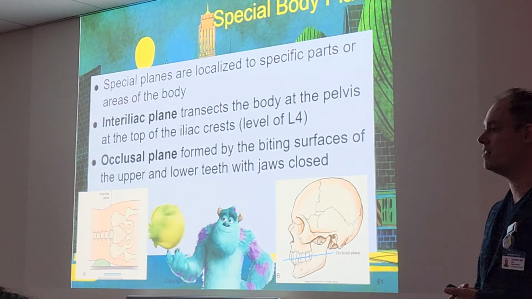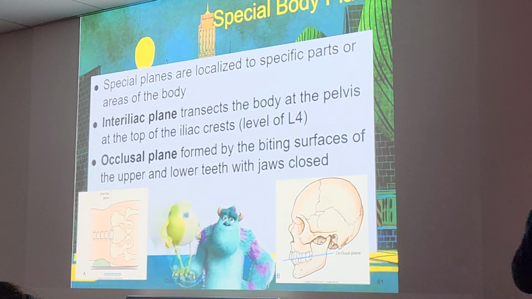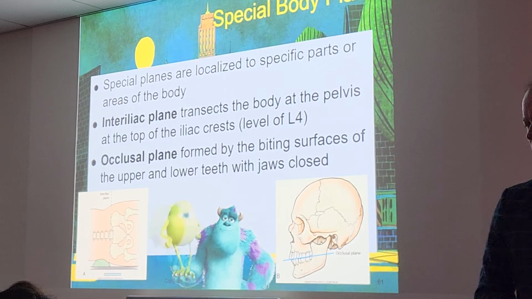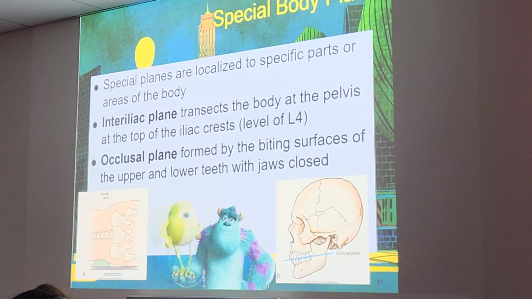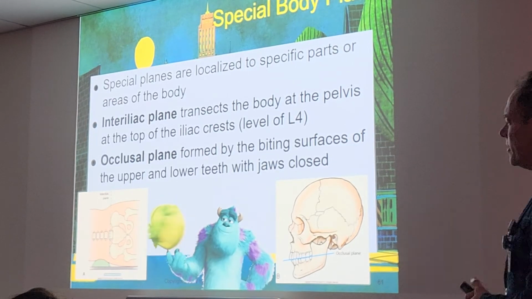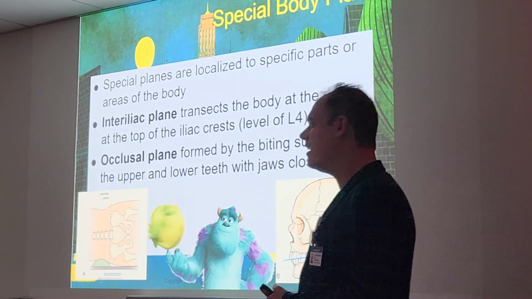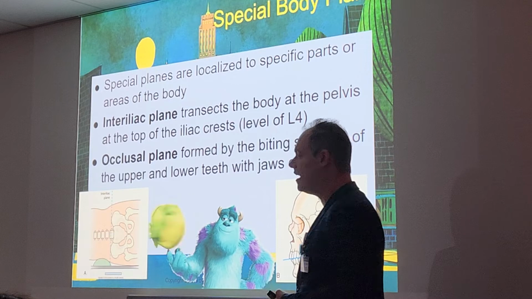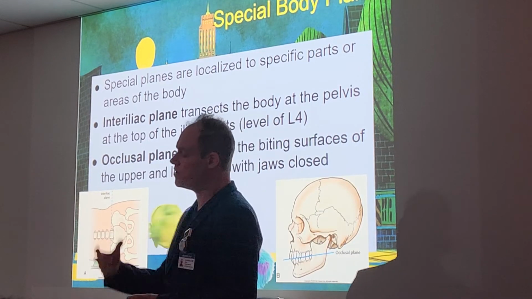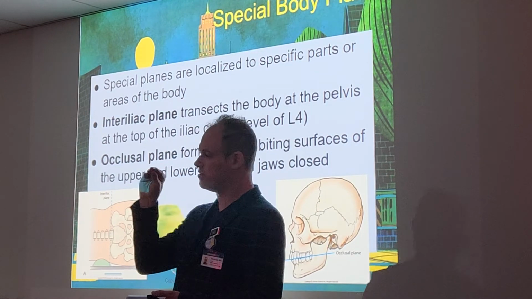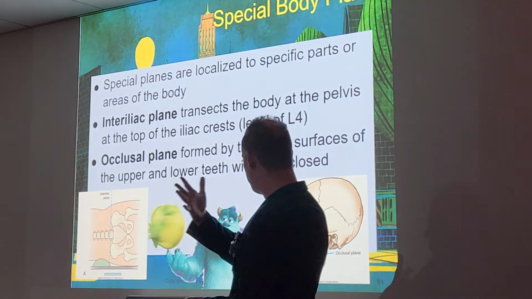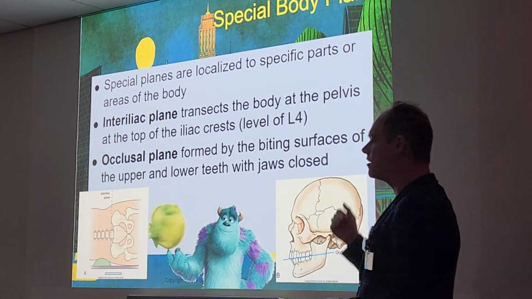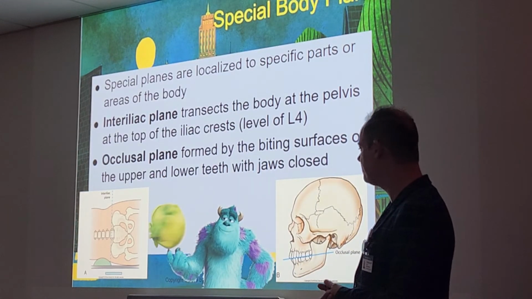You ever had x-rays at dentists where you bite down on that x-ray film and it's very uncomfortable? Yeah, but now they have the latest one that I did was quite comfortable. Yeah, they're a little more comfortable than they used to be, but never very comfortable. That's going to use that occlusal plane. Now, we also do an x-ray in radiology called a panorex, which is an x-ray of the jaw and the teeth, and they bite on this little film, on this little area, and there's a film around their face. They're also using that occlusal plane to line that up properly.